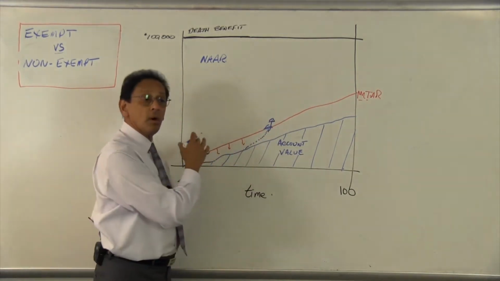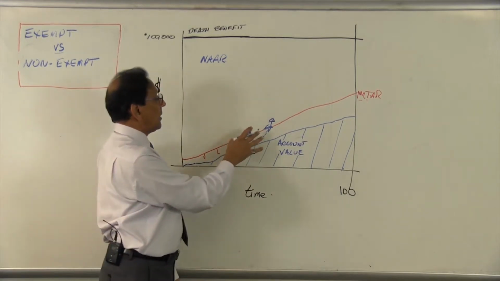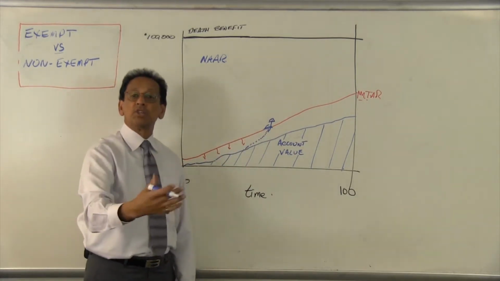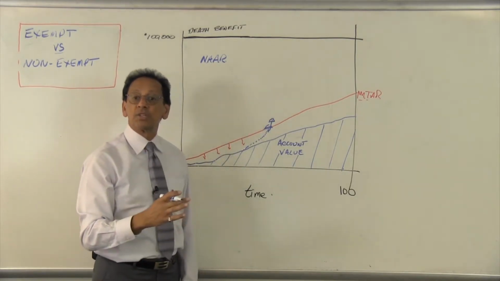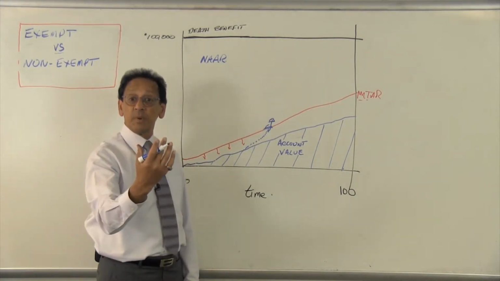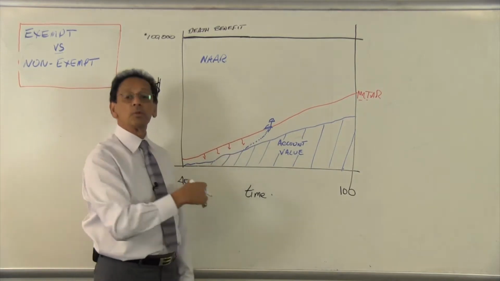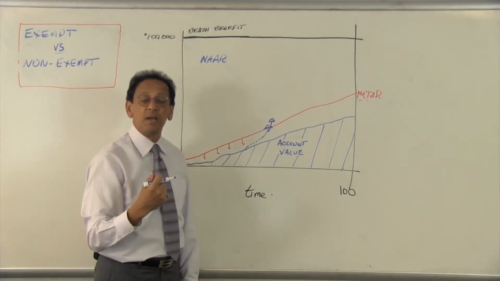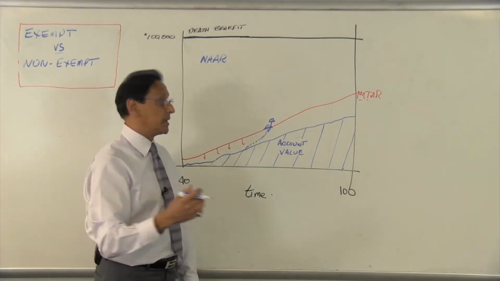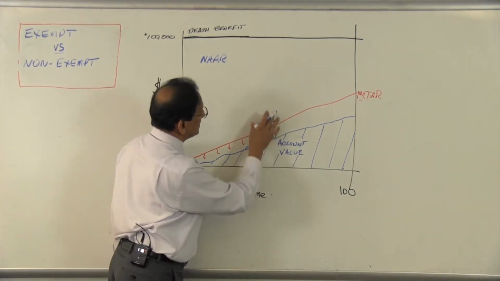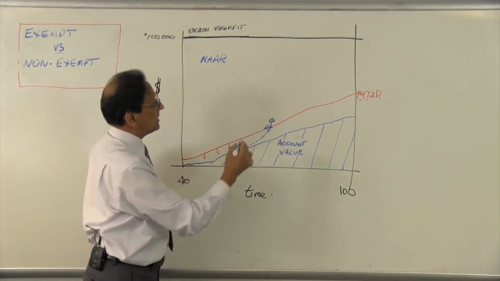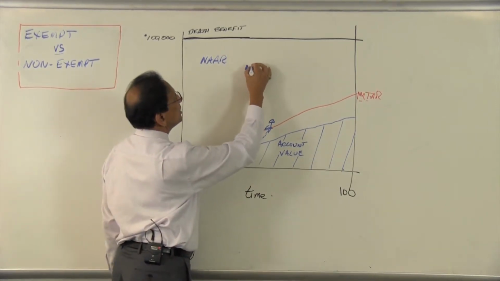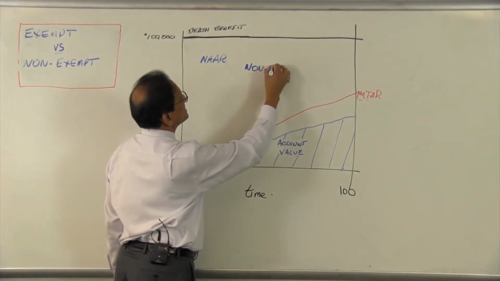So Revenue Canada would say, aha, wait a minute, there's too much money sheltered under the account. This doesn't look a lot like insurance anymore, looks like an investment, and therefore we are going to now start taxing this policy as if it was an outside investment. And so if the account value goes over this line, we say the policy is now non-exempt.